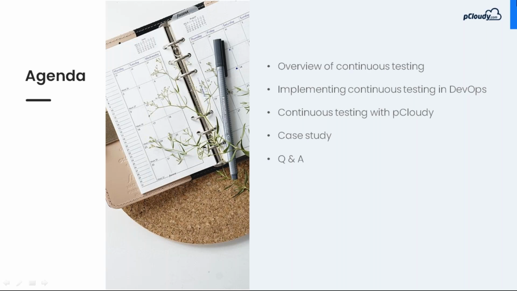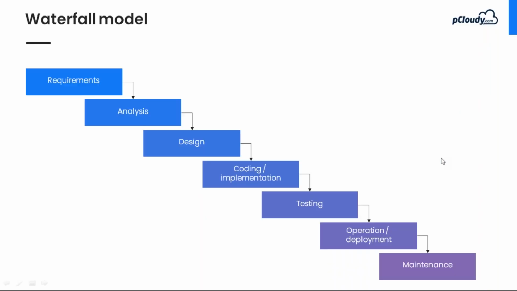So let's move on to the next slides to understand what is continuous testing. Of course we are talking about continuous testing, but the slide here talks about the waterfall model. So what's the relation between the waterfall model and continuous testing as such?